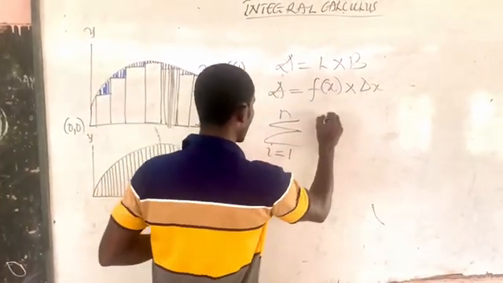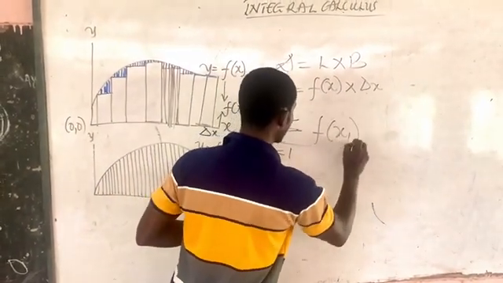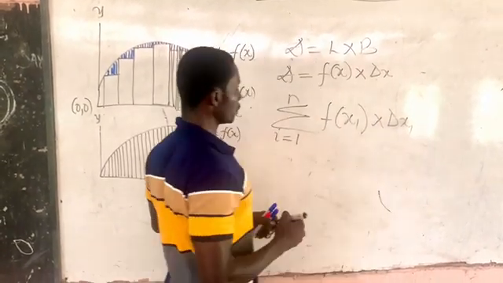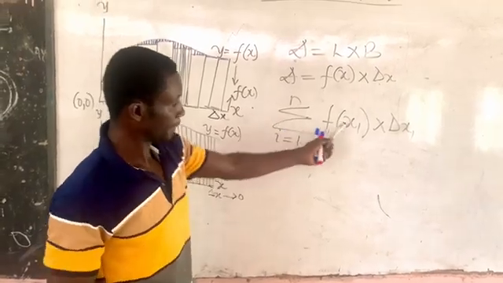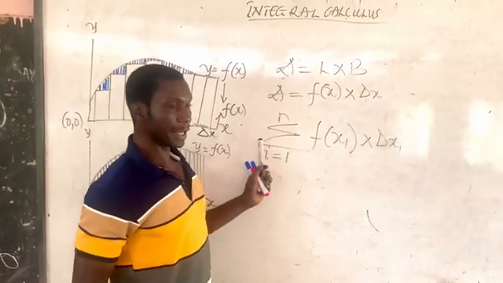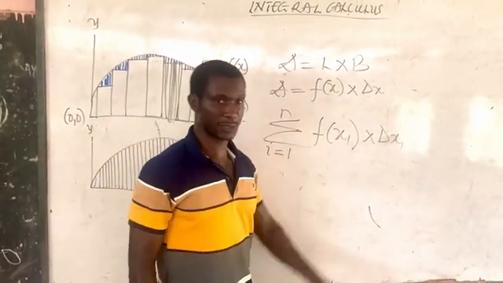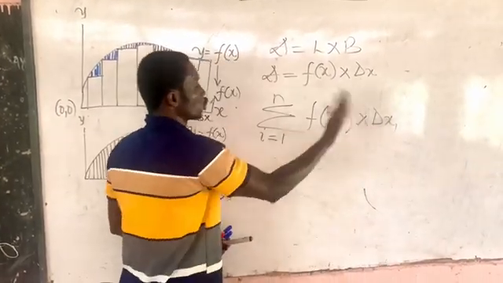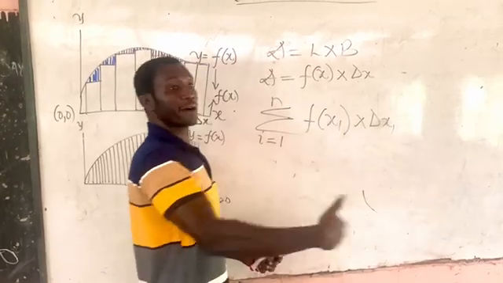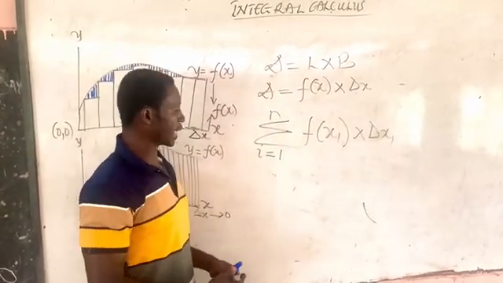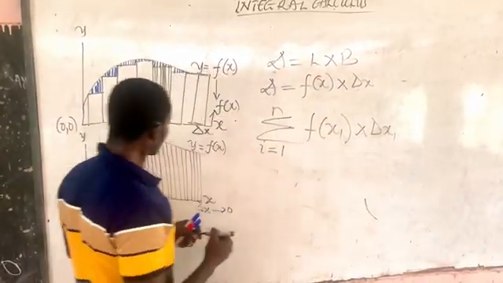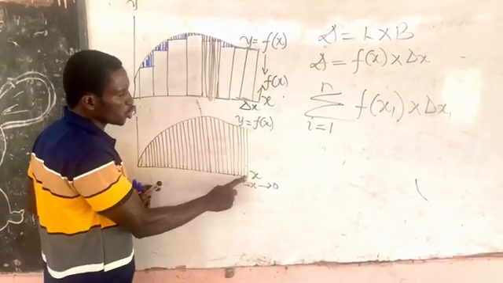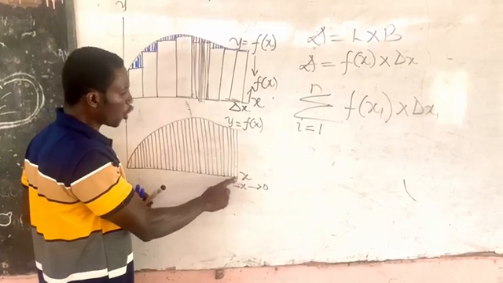So f of x1 times delta x1. This is a series. For the first rectangle, then you go to the second, i equal to 2, i equal to 3, i equal to 4, up to the nth one. And I've said that if you increase the number of rectangles, the width becomes so small.